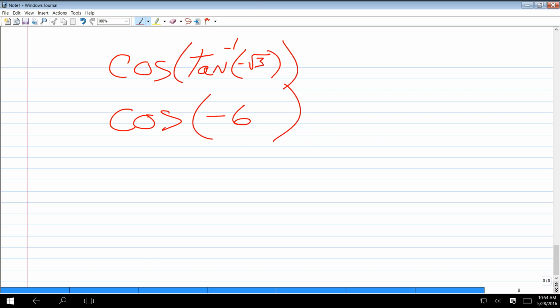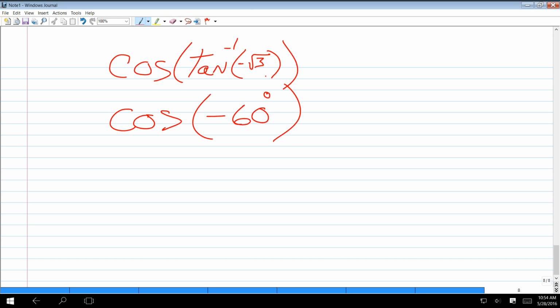And it's going to give you a negative angle because it's negative tangent. And your calculator is always going to give you either a first or a fourth quadrant answer when you put in an inverse tangent. Same thing with inverse sine. You're getting the first or fourth quadrant only. Because it's also negative in the second quadrant. But notice it didn't give you the second quadrant answer. It gave you the fourth quadrant answer.